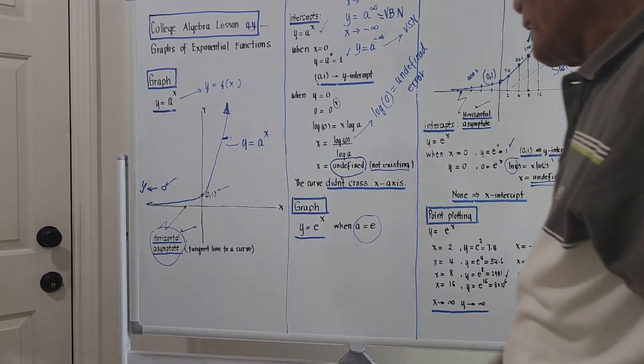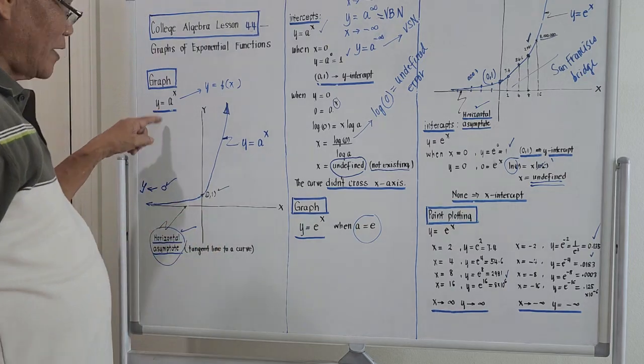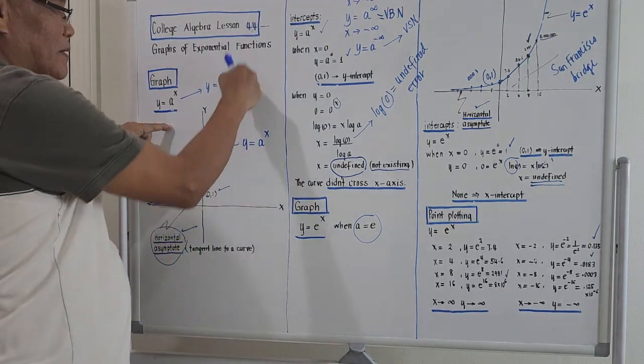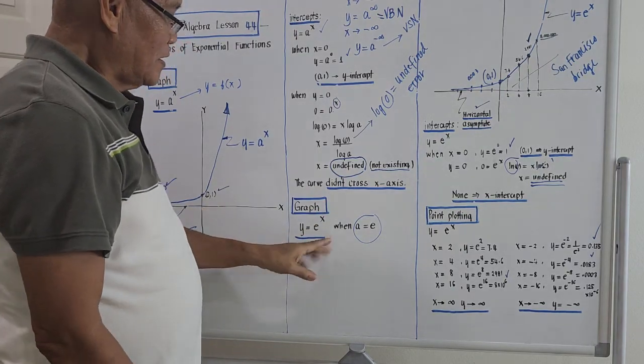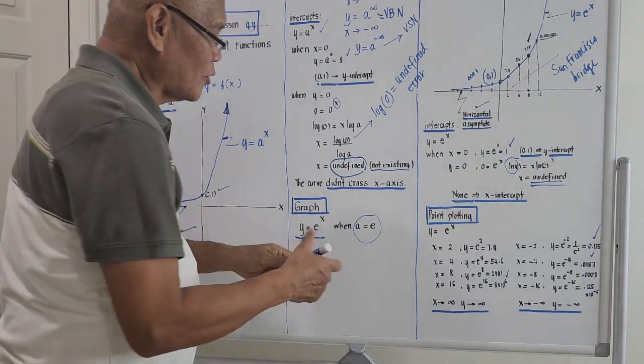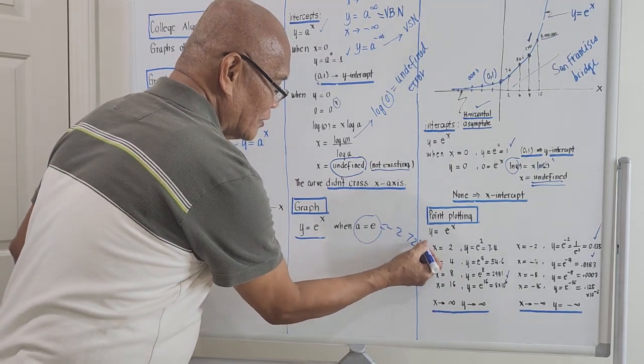Okay, that's it, guys. The curve of a to the x will be this one here, and the curve of e to the x, the value of e here now is 2.718. This is approximately 2.72.